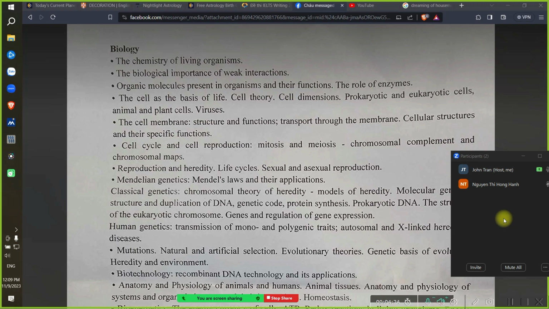That is a surface protein, and we also have peripheral protein, which is on the exterior. A peripheral protein has different shapes.